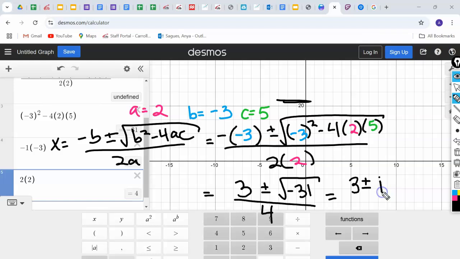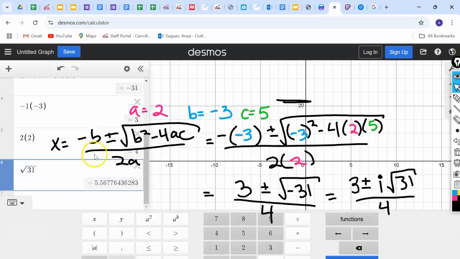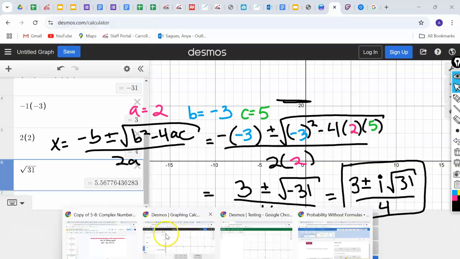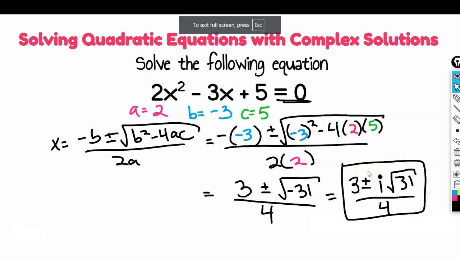So I put the i out front of the square root, and I leave a +31 inside. And since square root of 31 is just a decimal, I can leave it as square root of 31. And so this is my answer.